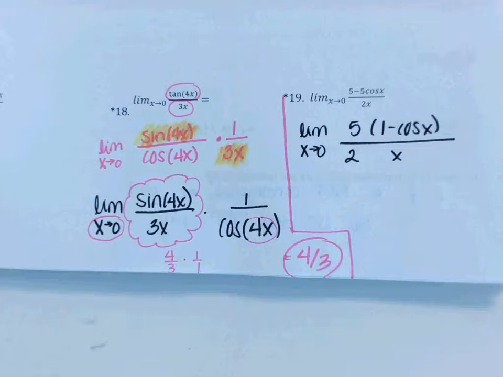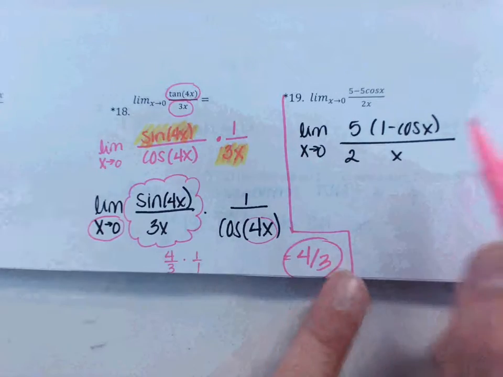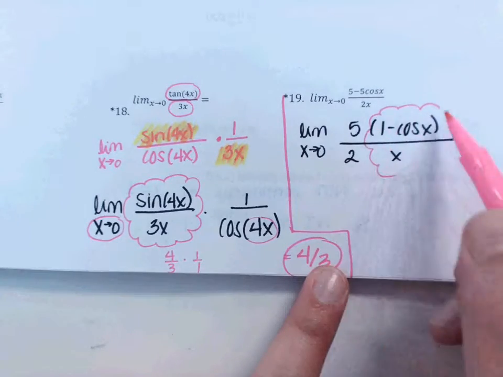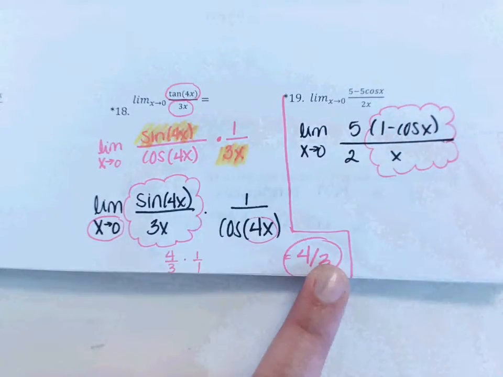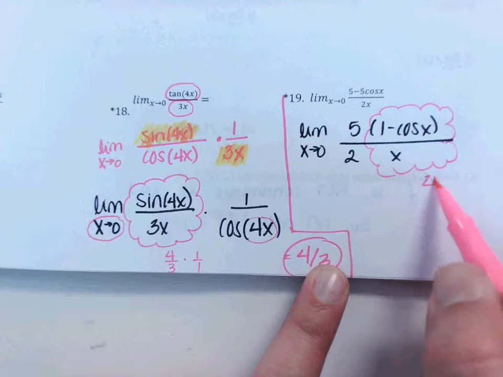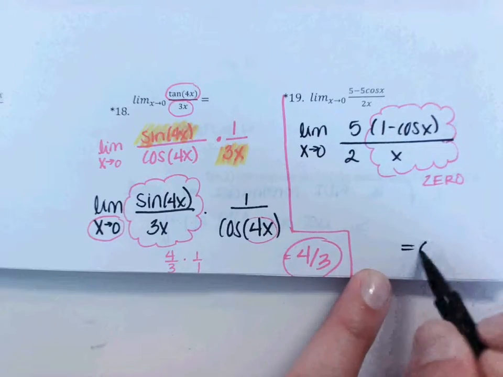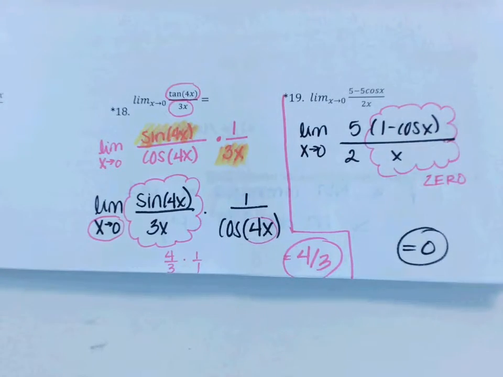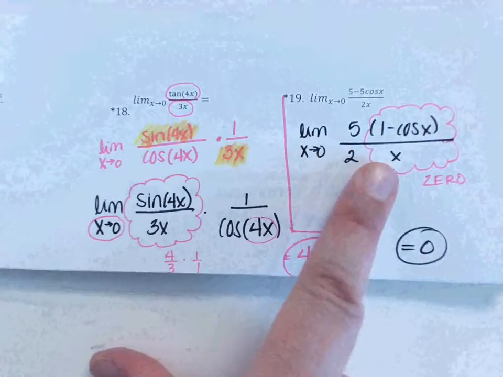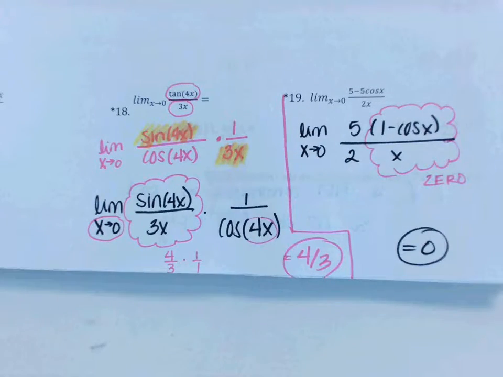Now, part of that should look special to you. This is the special chunk. What does that go to? Look back at your cheat sheet if you don't remember. 0. And what's 5 halves multiplied by 0? Still 0. So that one would be 0. So this is special number 1, this is special number 2. And there is one of those on your test, but it's not like the whole thing.